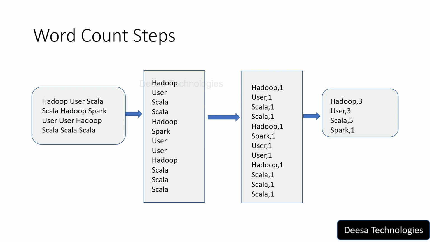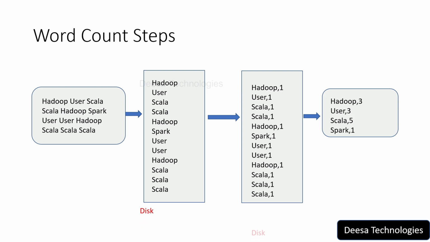Now what is the basic difference between these two, right? In MapReduce, when you load the data, it is loaded and saved in the hard disk. Then when you flatten the data, the result is again stored in the hard disk. Then it assigns a key, and stores the data again in the hard disk. So every time you do a transformation, the intermediate results are stored in the disk.